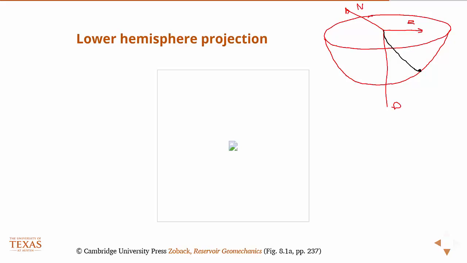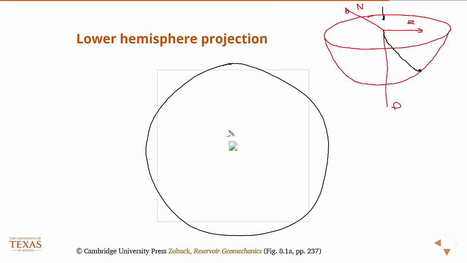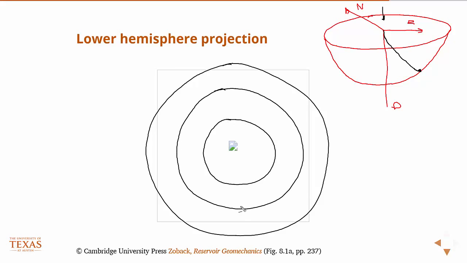And the idea is, if we then look down on the top of it, we can project this onto a circle, which can have some concentric rings. And again, this is what the figure would show, where these concentric rings would represent like 30 degrees, 60 degrees, 90 degrees. And so then, this would be north and east.